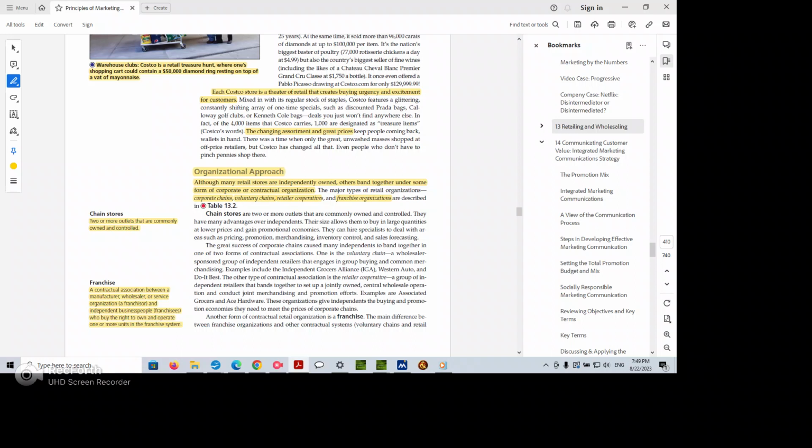And now, the great success of corporate chains caused many independents to band together, of one or two, to form contractual associations, such as the franchise setup.